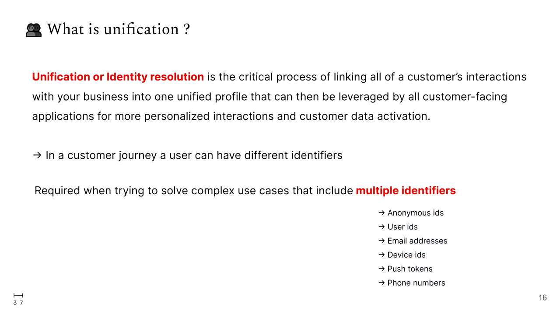These are some popular anonymous IDs we usually work with. There's anonymous ID, user IDs, email addresses. We see a lot of device IDs because they're more stable than some other IDs. Push tokens, phone numbers, not a huge fan, by the way, because it's normally a free field, which means it messes up quite a bit.